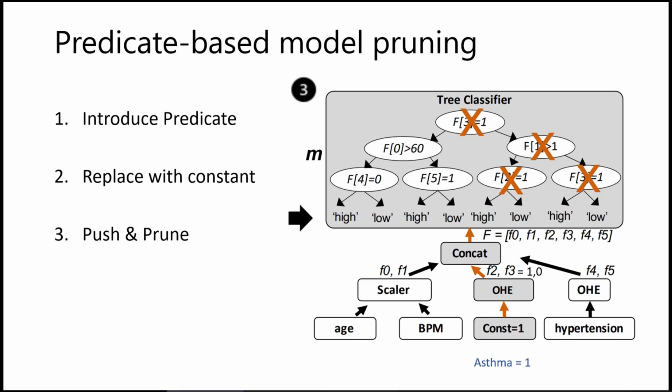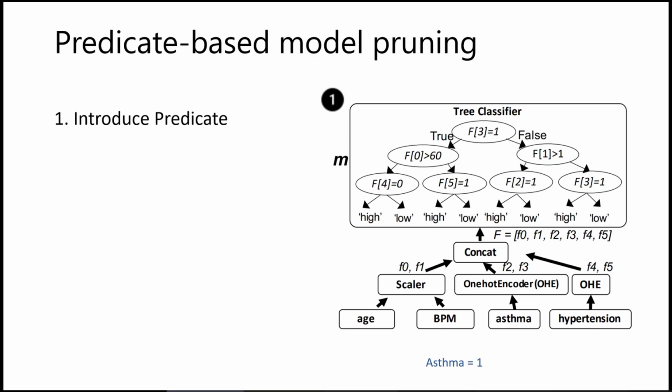And because F2 and F3 are 1 and 0 respectively, if we look at the previous graph, we see that when F3 is equal to 1 is false, that's the only case where we go into this branch. So when F3 is equal to 1, we always go into this branch.